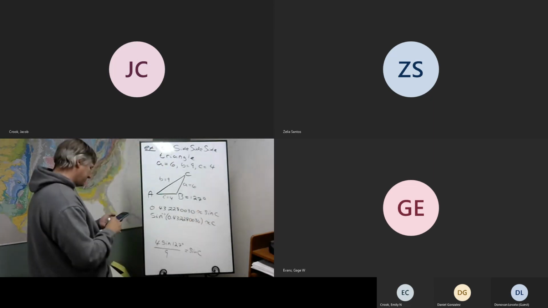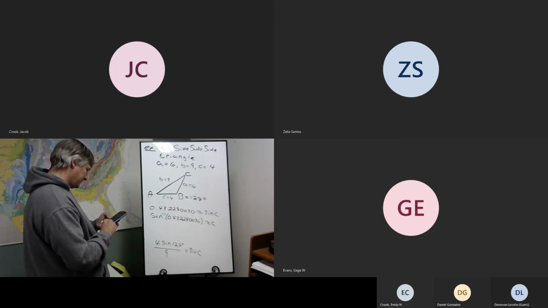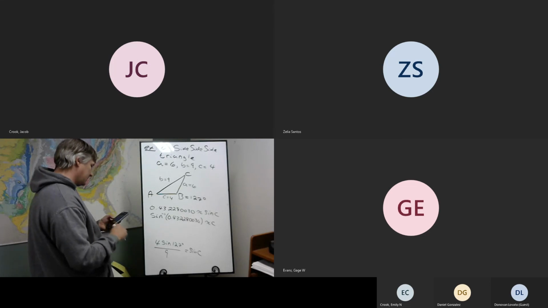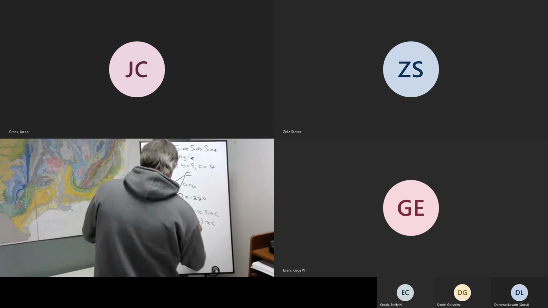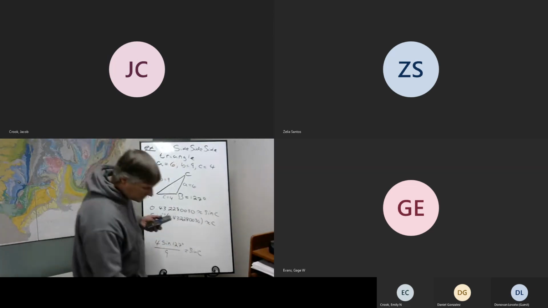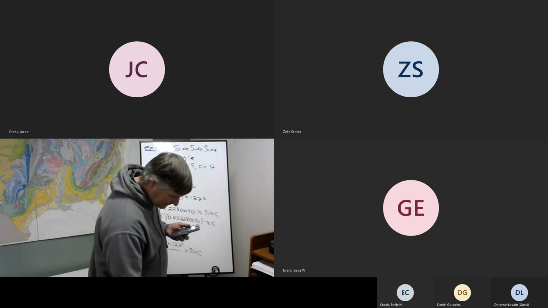So what's that going to turn out to be? Let's see. Answer. So this comes out to approximately 25.6 degrees, which they should round to 26.